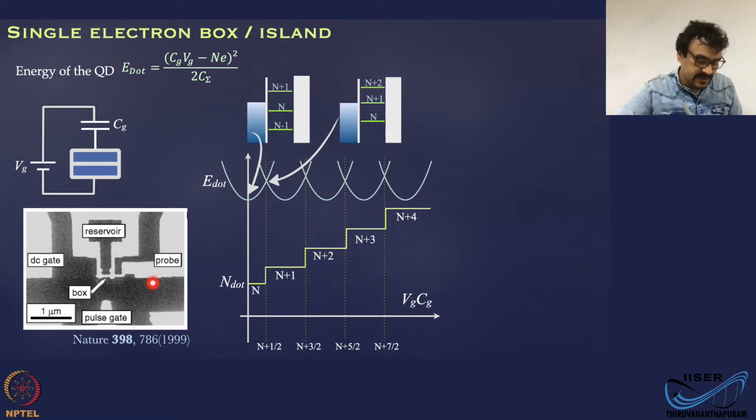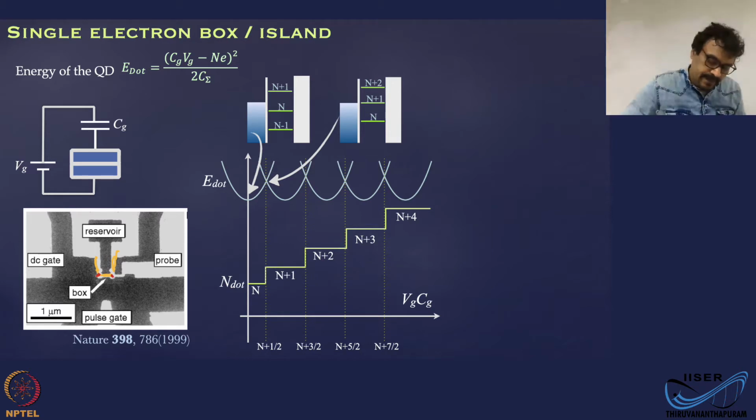And here is a scanning electron micrograph of one of the devices. What you're seeing here is a small conducting region which is connected to a source of charge through some tunnel barrier, which are not really clear in this picture, but there are tunnel barriers at these points.